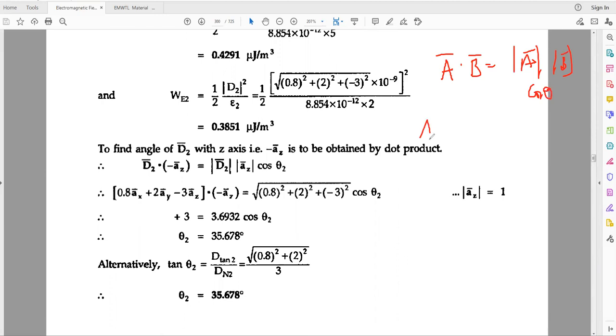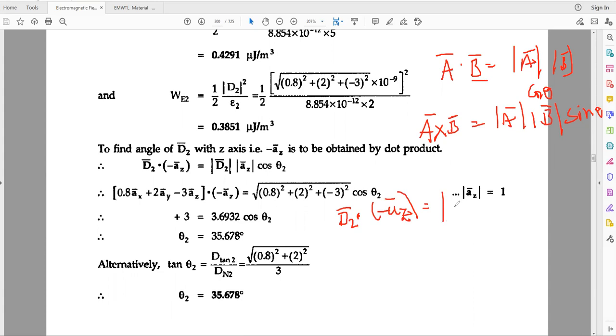If it is a cross product, A bar cross B bar is equal to the magnitudes of A bar and B bar times sin theta. We require here D2 bar dot AZ bar, to find the angle of D bar with the Z axis. So I take A bar as D2 bar and B bar as minus AZ bar.